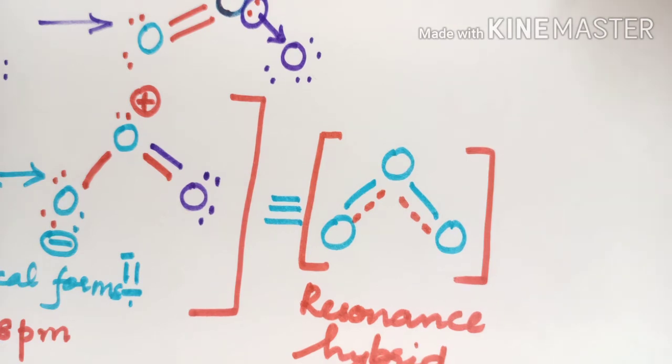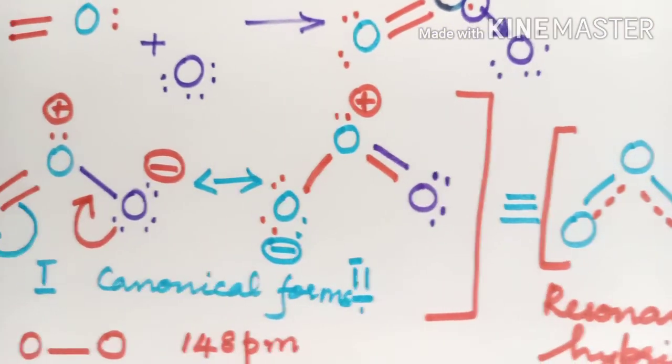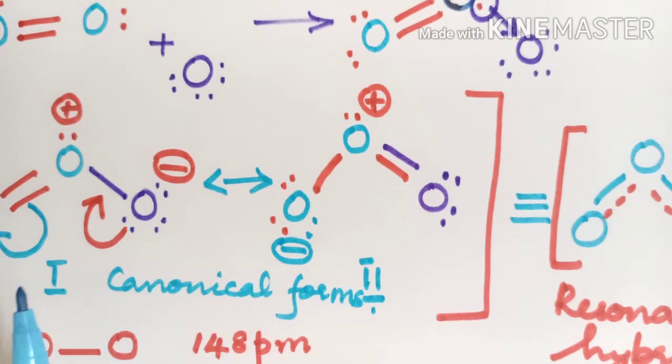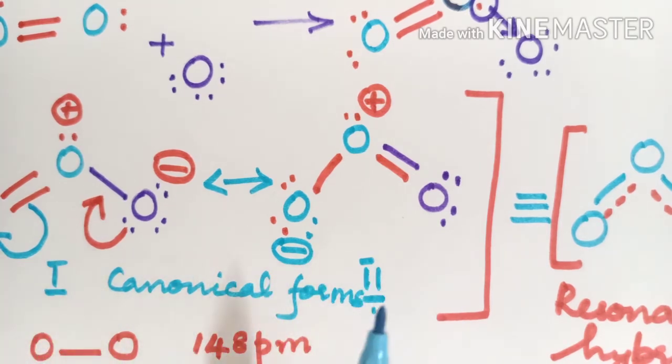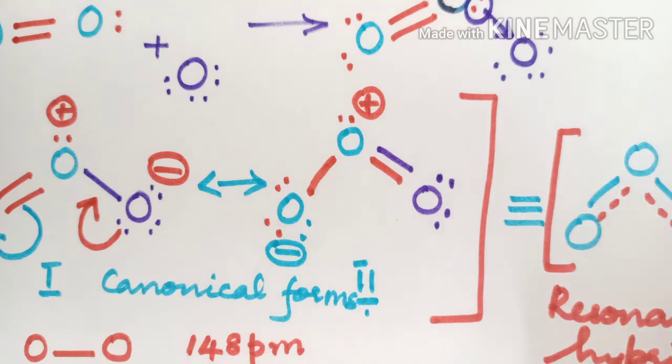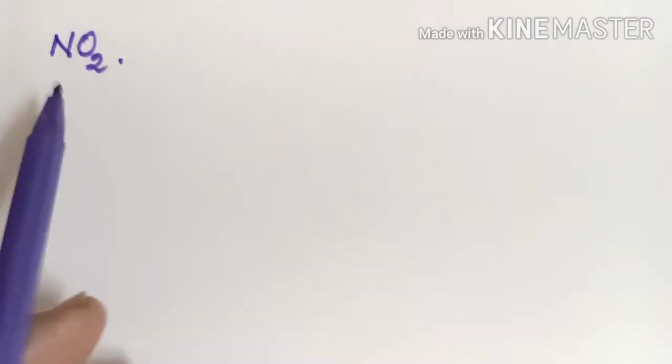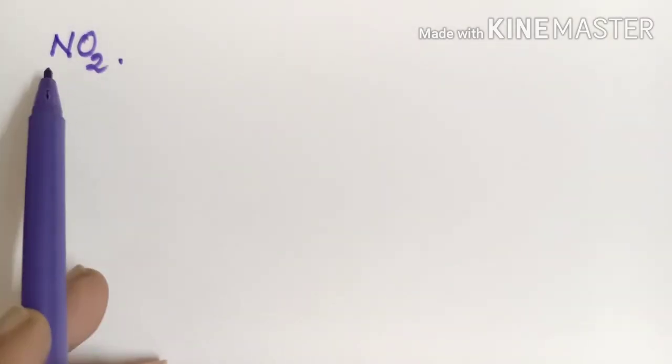In the process of resonance, when one structure flips to another structure, there is a rearrangement, and we shall now see the resonance structures of nitrogen dioxide. Nitrogen dioxide has the formula NO2.